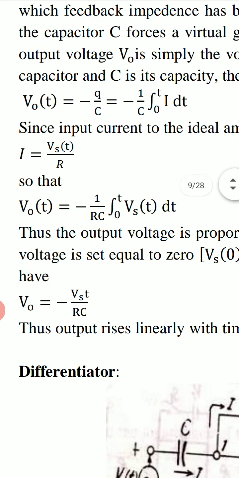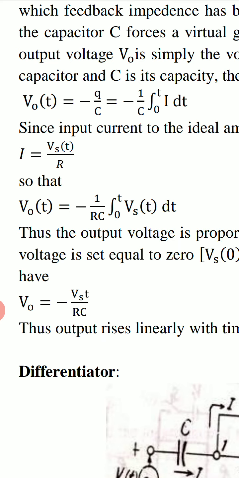So now the output voltage VO, which is a function of time, is equal to minus 1 upon C integral I dt, and the limits of the integral are 0 to t. The integral is for time t, so the limits are taken as 0 to t.